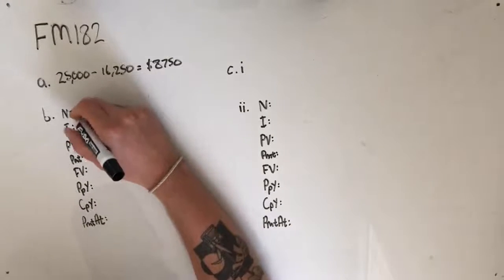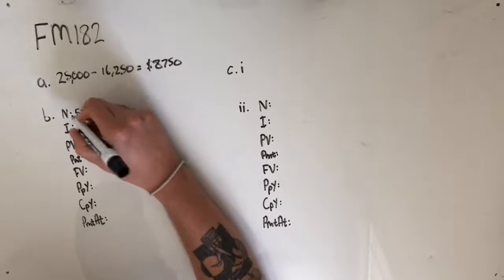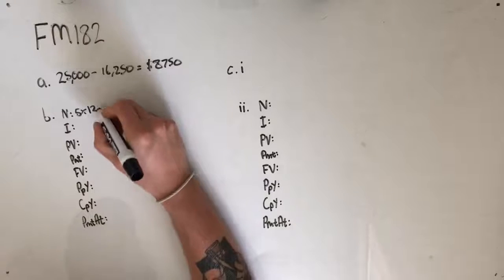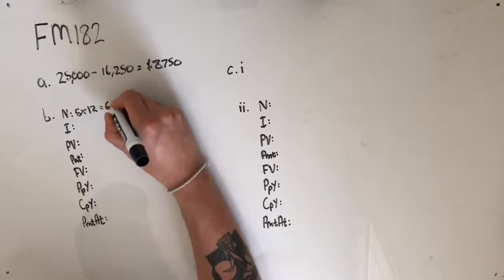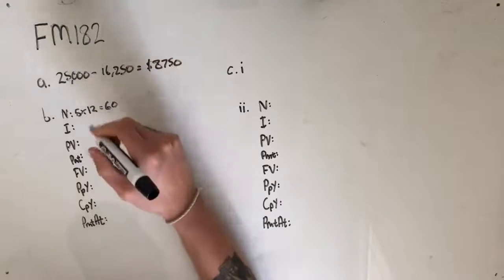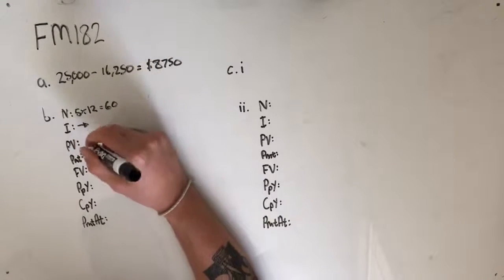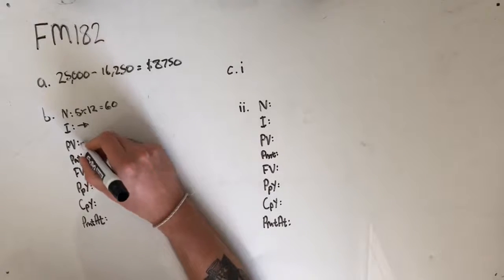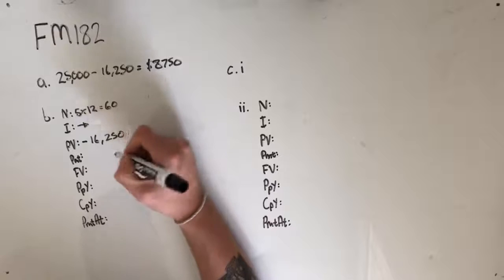So for Finance Solver, the number of payments made, well, that's going to be 5 times 12, 5 years, 12 compounds per year, is going to be 60 all up. The interest rate is what we're solving for. The present value, well, we're investing, so minus 16,250.